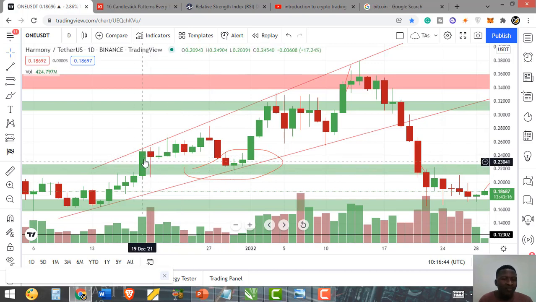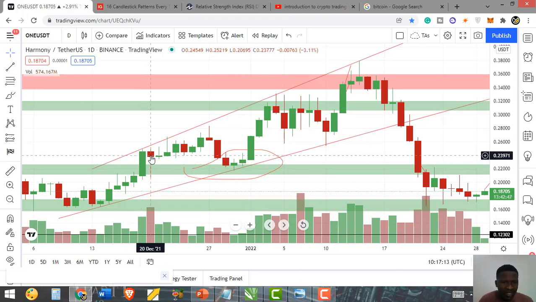For every green candle, it shows that the bulls won for that particular candlestick within that given time frame. Now looking at this very chart, each candlestick represents a day. So this very candlestick shows that at the close of the market within that very day, that's on the 19th of December 2021, as shown here on the chart, the bulls won here.